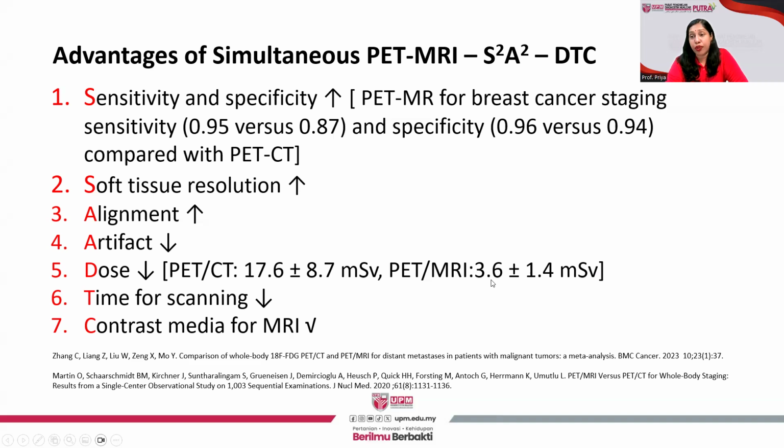It can drop to as low as 3.6 plus minus 1.4 millisieverts in the radiation dose. This can also result in reduced scanning time and reduce the need for invasive procedures. In addition, there is an opportunity to use various MR contrast media in such applications.